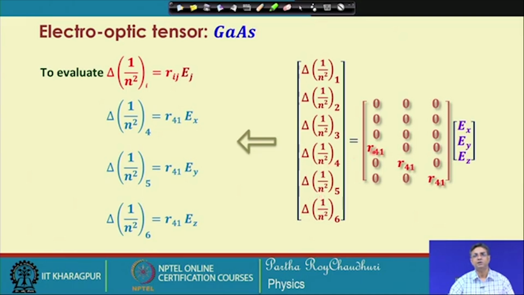And interestingly, because R41 is the only non-zero element, all of them are identical in coefficient, but depend on the strength of the electric field for the 3 mutually orthogonal directions. If all the 3 components of the electric field are present, then all the 3 incremental changes in the refractive index, or the corresponding impermeability, will appear as a consequence of the electric field.